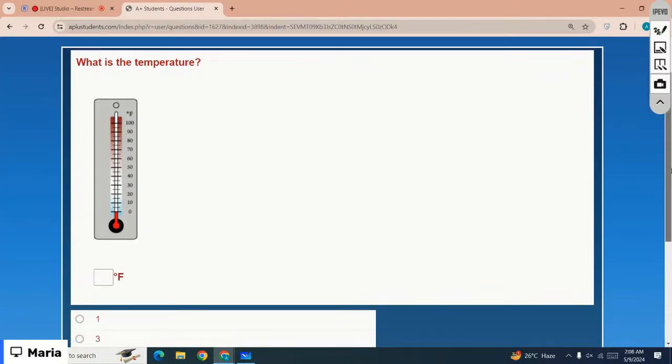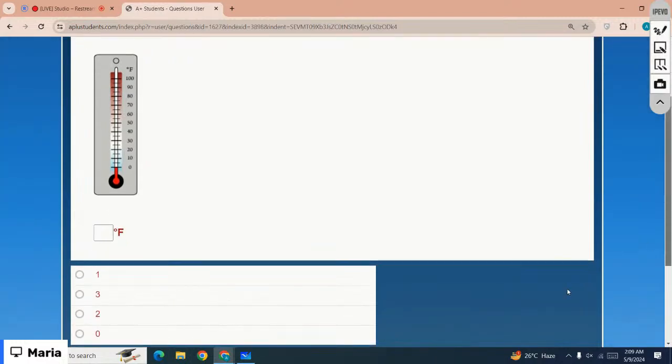What is the temperature? That is 0 degree F. The correct option is 0.